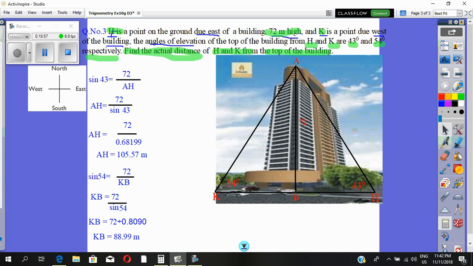And if you remember, sine theta is opposite over hypotenuse, tan theta is opposite over adjacent, and cos theta is adjacent over hypotenuse.